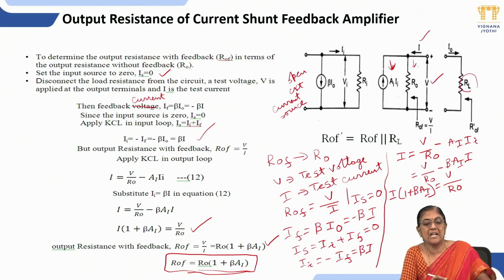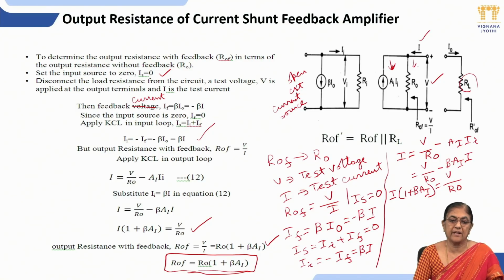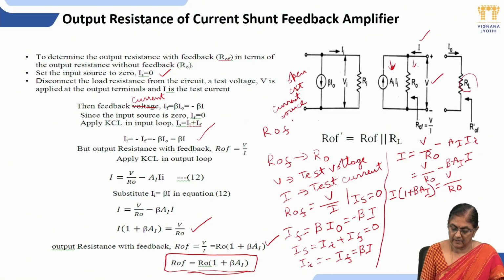So what did you understand from this expression of R0F? R0F is greater than R0 by the factor of 1 plus beta AI. So now try to understand the terms in this expression. R0F is output resistance with feedback and R0 is output resistance without feedback. So R0F is greater than R0.